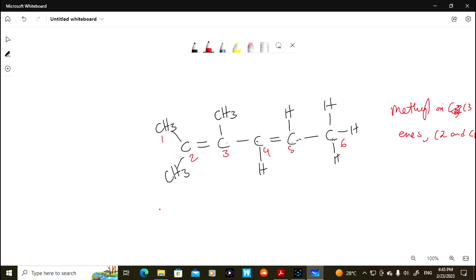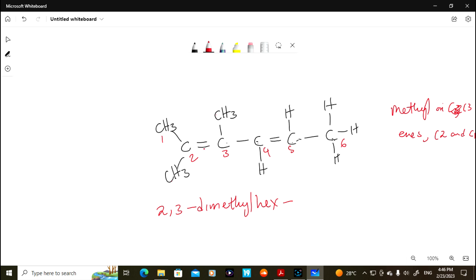So what is the name now? We start by the methyls. Okay. So I have 2,3-dimethyl. Okay. So it has 6 carbons, the longest chain. So 6 is hex, right? Hex, right? Dash.